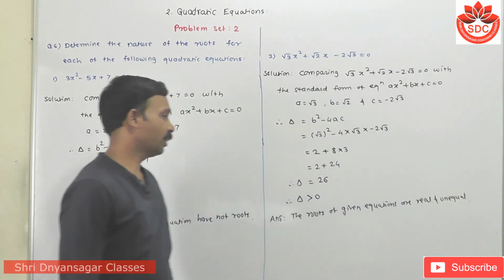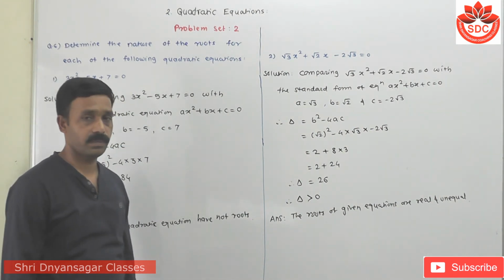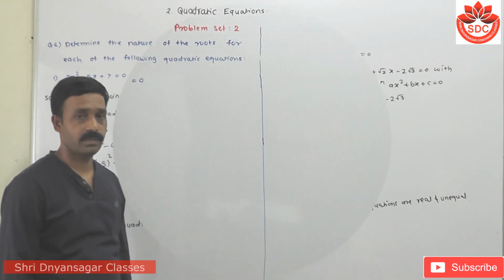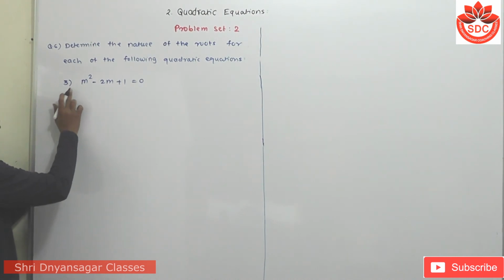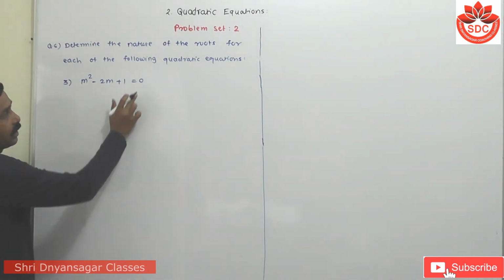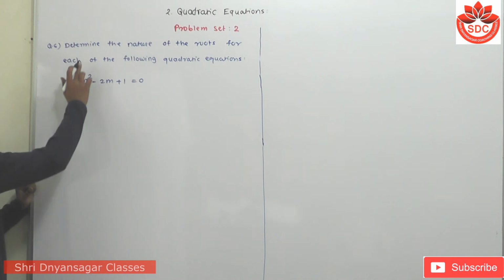Okay, then we take the third sub question. The third sub question is m square minus twice m plus 1 is equal to 0. We have to find its nature.